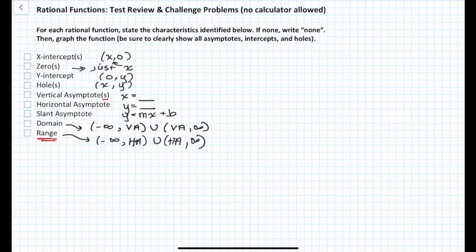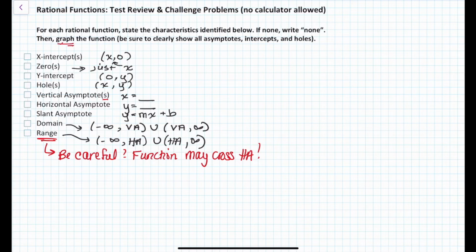Otherwise, domain is definitely fair game, but be careful with the range because that can be kind of confusing, especially if your function crosses the horizontal asymptote, in which case that value of y would be a valid value of y. So once you've identified your characteristics, we need to graph the function.